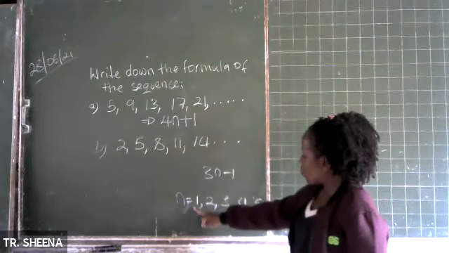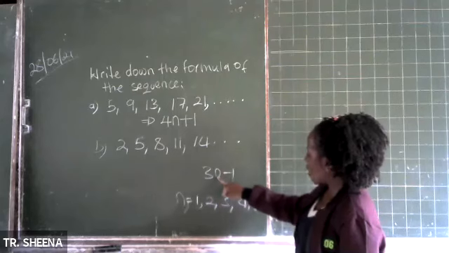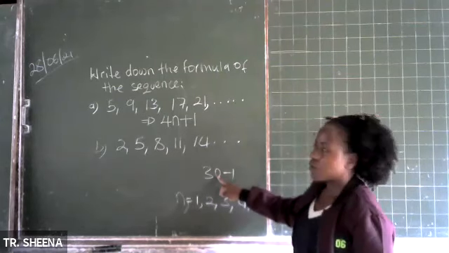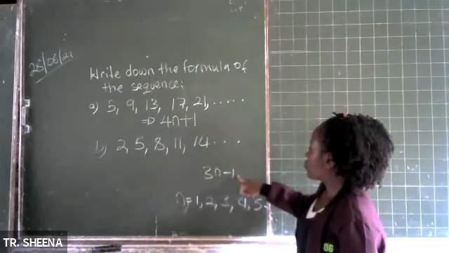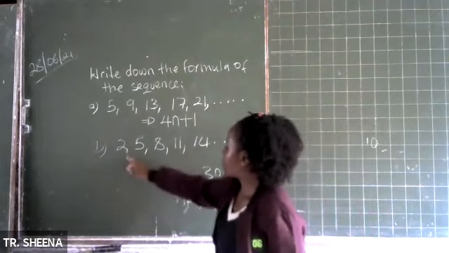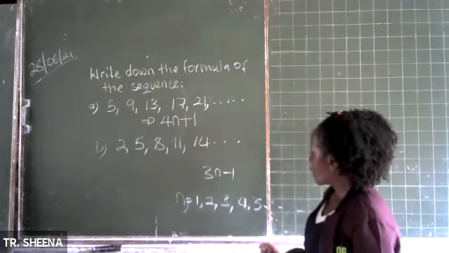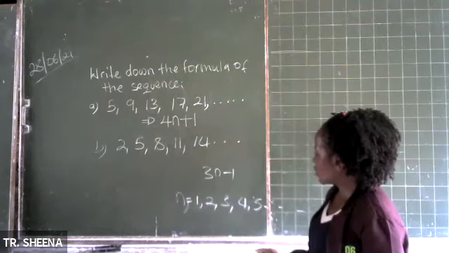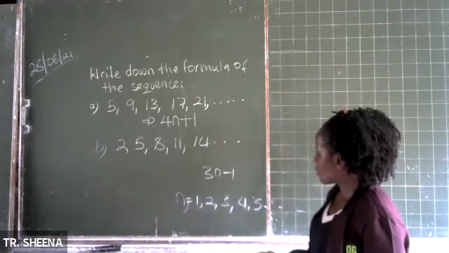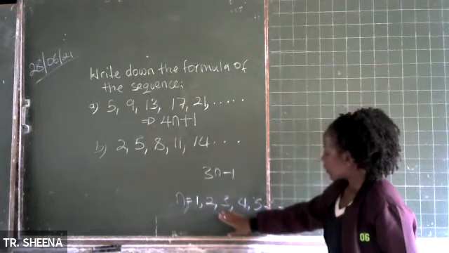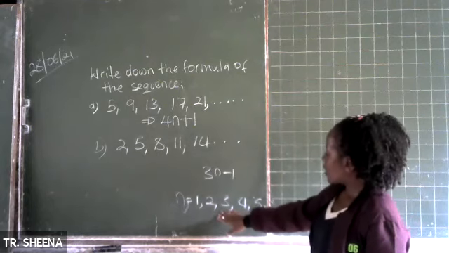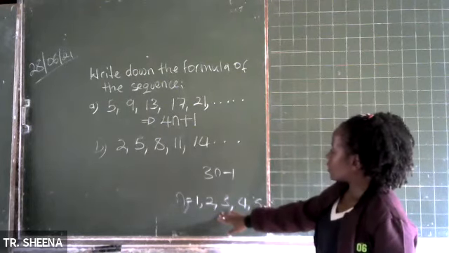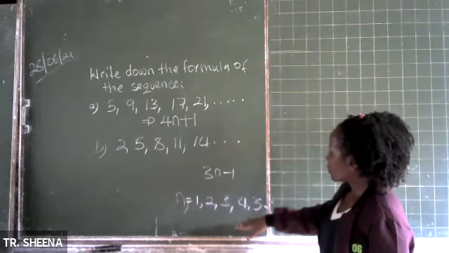So when your n is 1, you have 3 times 1, which is 3. Minus 1 is 2. Okay, it works for the first term. 3 times 2 is 6, minus 1 is 5. It works for the second term. 3 times 3 is 9, minus 1 is 8.